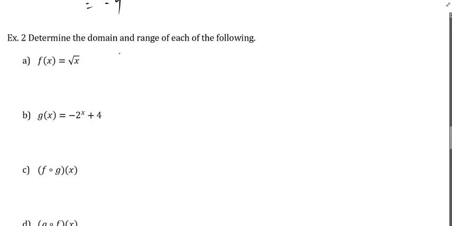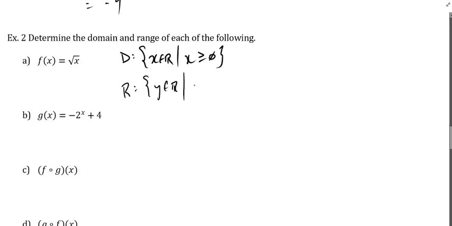Okay, so domain for this one: x is an element of the real numbers such that x is greater than or equal to 0, right? There's nothing weird going on there. Range: y is an element of the real numbers such that y is greater than or equal to 0.